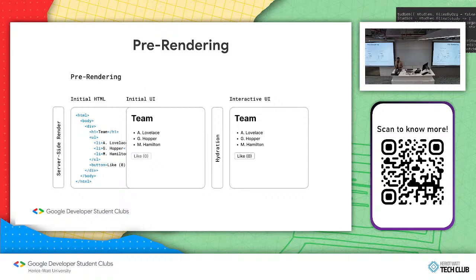So there is an initial UI. In the diagram, you can see there's an initial UI where the like button is grayed out. What that means is there is somewhat of a template that is rendered on the client screen when they opt in for pre-rendering. That is not interactive, but once all the JavaScript has loaded in and it can understand what to do and how to make the website dynamic, then the like button over here turns into an active state.